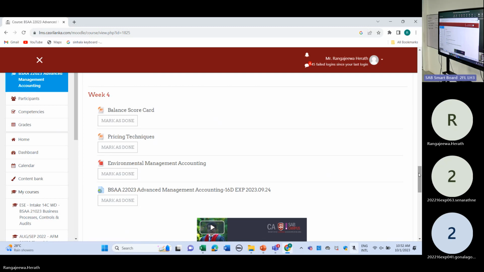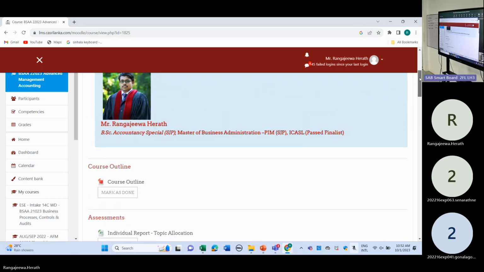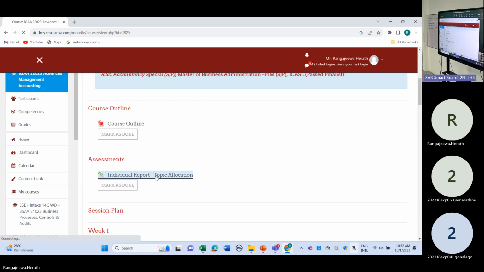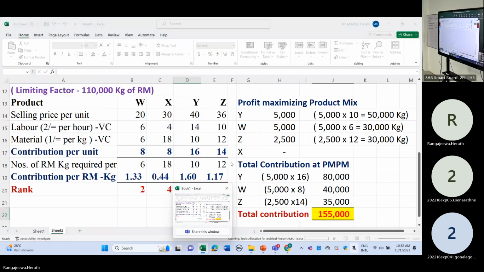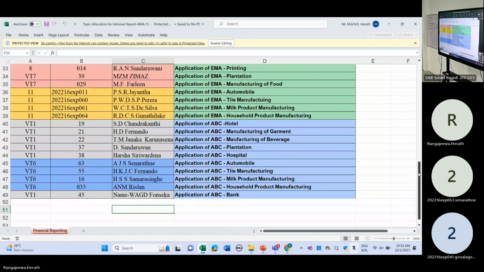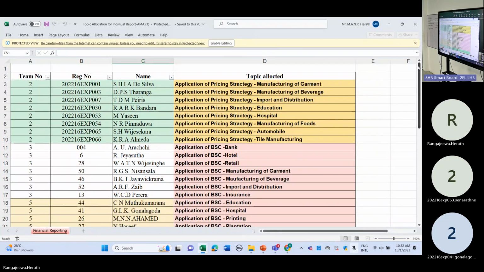Basically, for the topics allocated for the individual report, you have pricing strategy, application of pricing strategy.